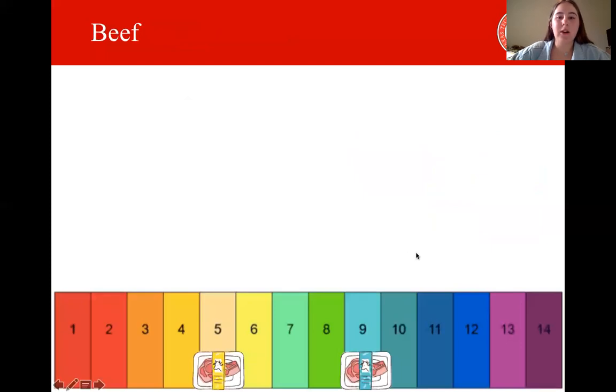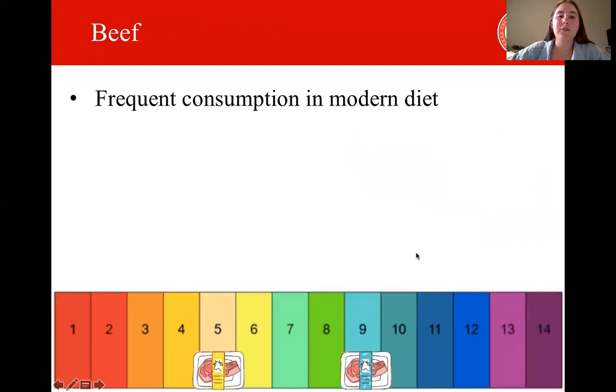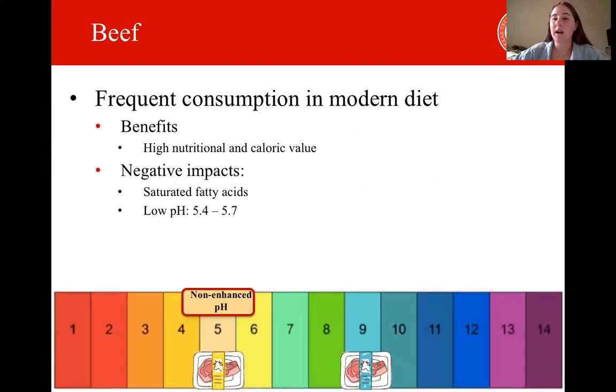So, we are focusing on beef because of its frequent consumption in the modern diet. And although beef has a high nutritional and caloric value, it also is very high in saturated fatty acids and has a very low pH of 5.4 to 5.7.